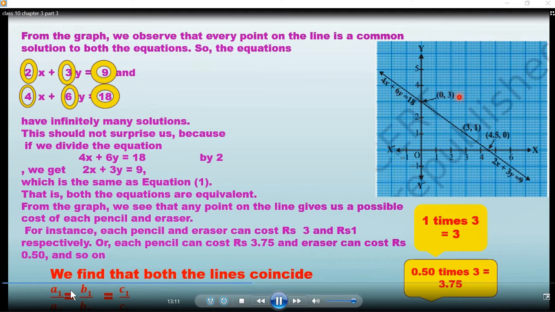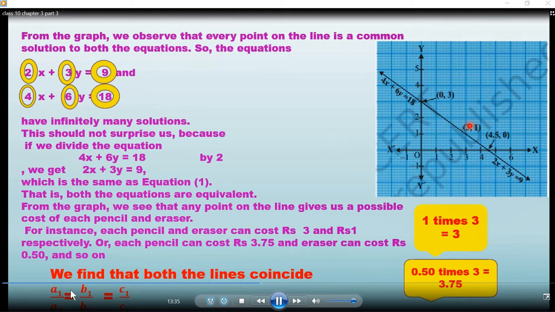I'll explain only one example, others you try yourself. First replace x with 0, then you get 2 into 0, 0. Replace y with 3, 3 3s are 9, you got the solution 9. Similarly, in the second equation, replace x with 0, you get 4 zeros are 0, and replace y with 3, you get 6 3s are 18.